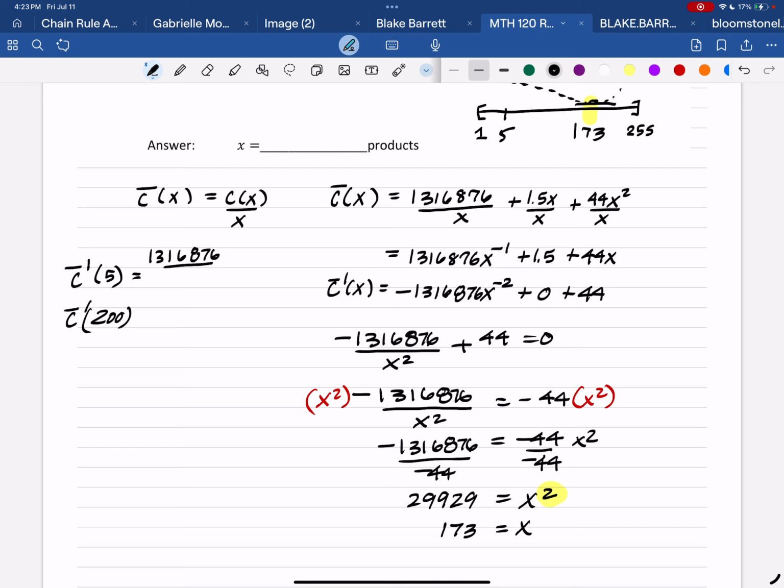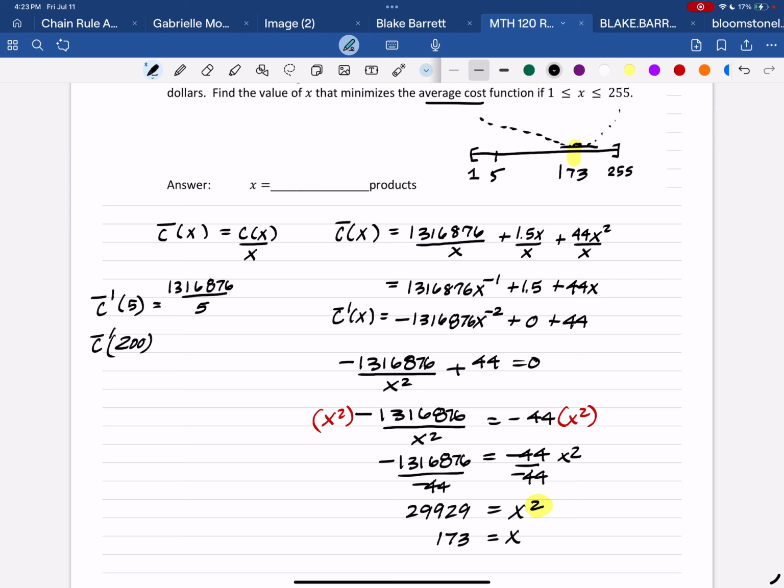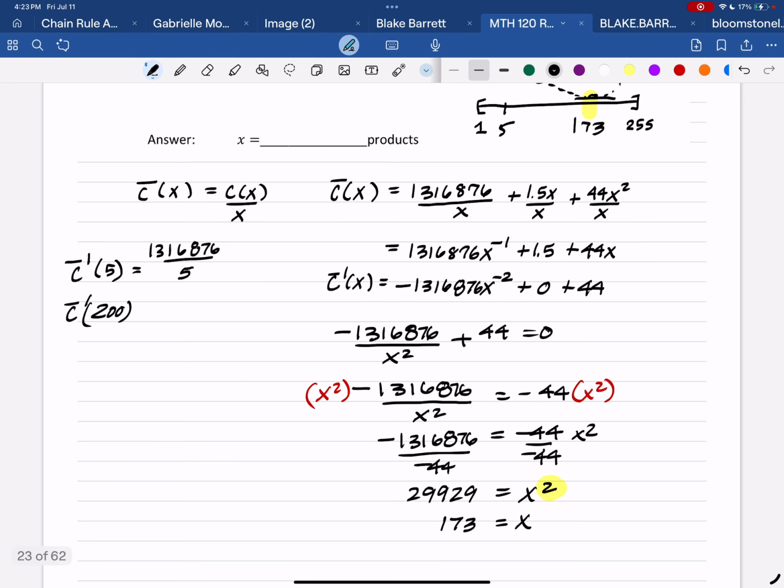So this is the function that I'm evaluating.